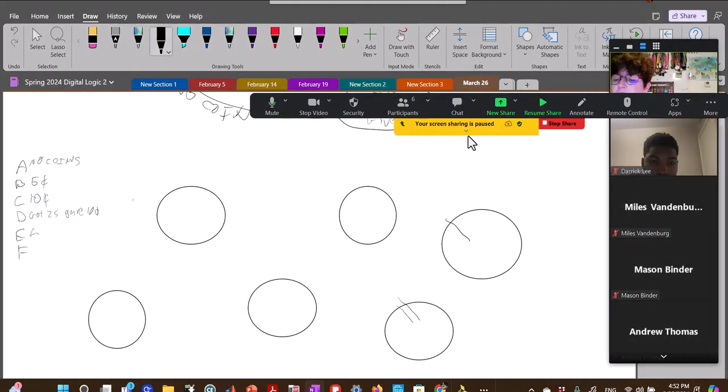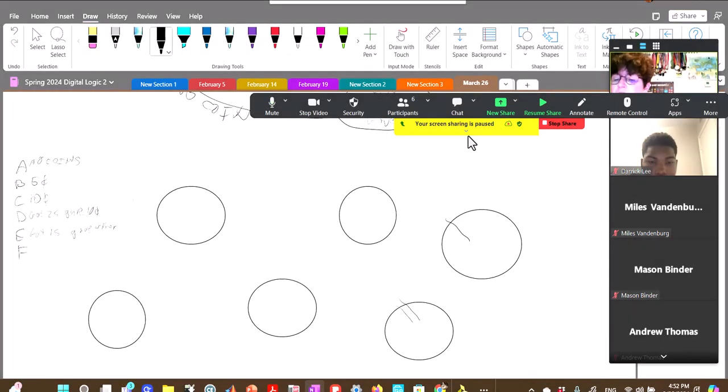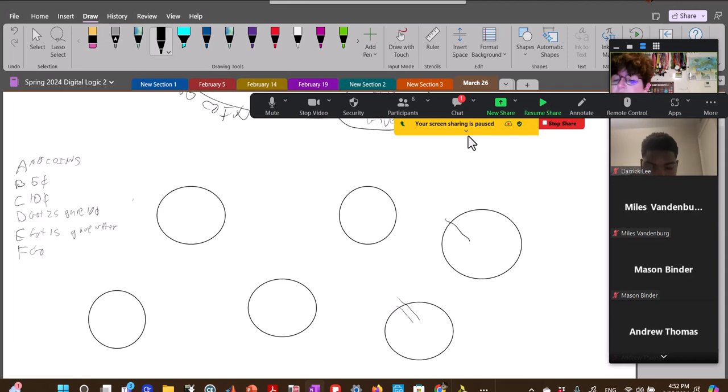E means that somehow or another you got 15 and you gave out water. And F means that somehow you got 20 and you gave back 5. So that's what it means to be in state F. If you're in state F, you got 20 and you gave back 5.